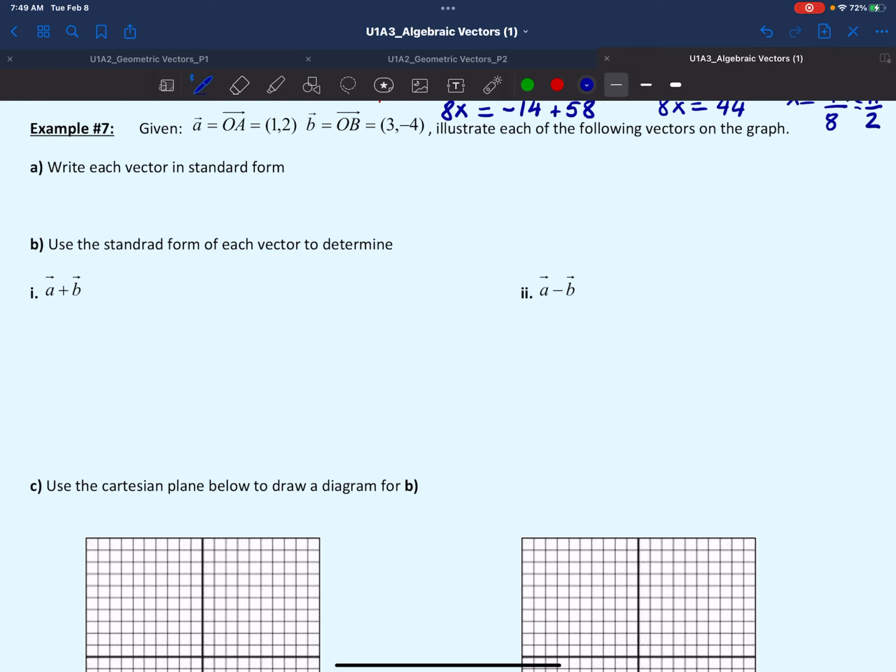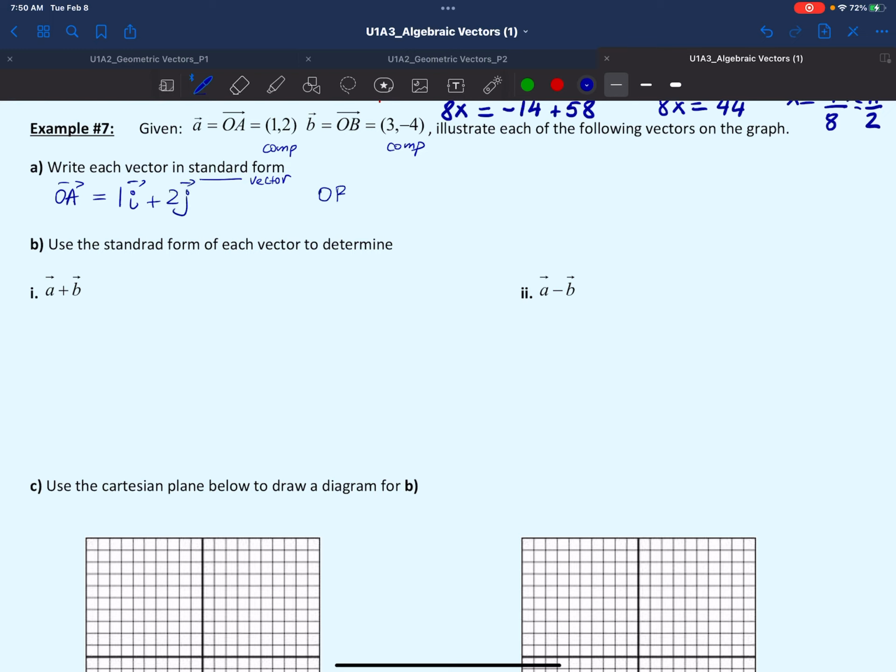Now, vector OA is given in component form, right? So both vectors, you're given the coordinates. So these are the component form or coordinate form. If we want to write them in standard form, that means we have to describe them in vector form. So that must be 1i plus 2j.